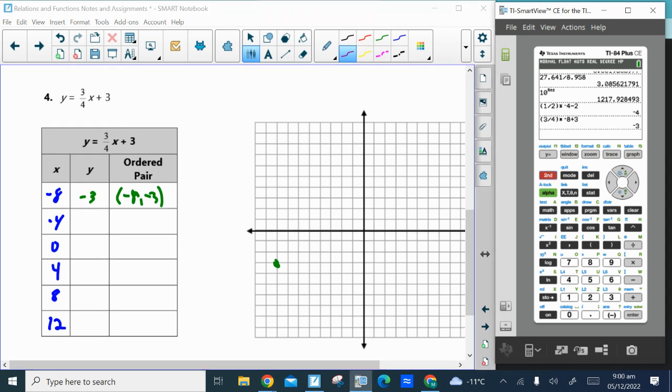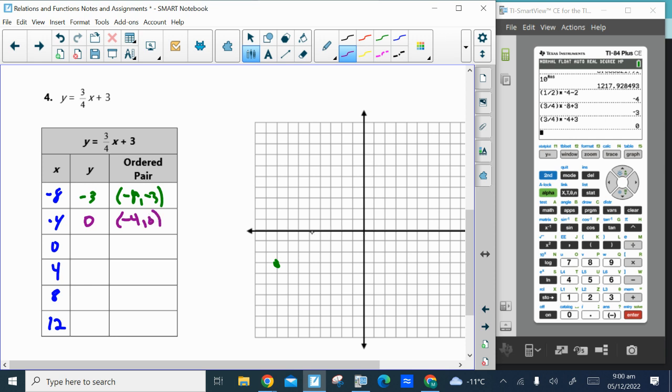So I'm going to have 3/4 times -4 plus 3. That's 0. So that's the point -4 comma 0. 1, 2, 3, 4 comma 0 is right there.